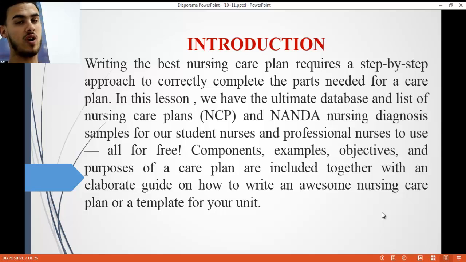Of course, here we are giving examples to both professional and student nurses to use for free. Components, examples, objectives, and purpose of a care plan are included, together with an elaborate guide on how to write an excellent nursing care plan or a template for your unit.